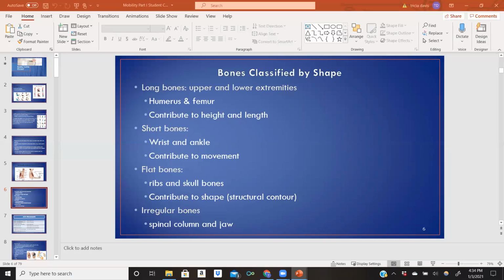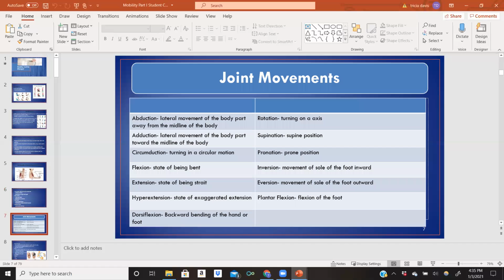You have your flat bones, which are relatively thin. You can find these in your ribs and several of the skull bones, and they contribute to the shape and the structural contour. And you have your irregular bones, which are all those bones not included in the preceding classification. So the bones of the spinal column and maybe the bones in your jaw.